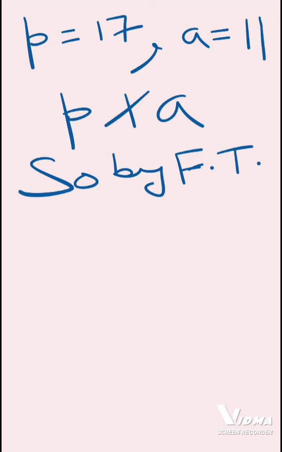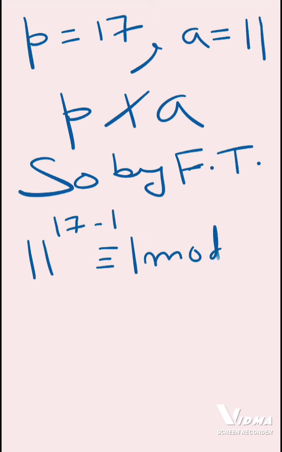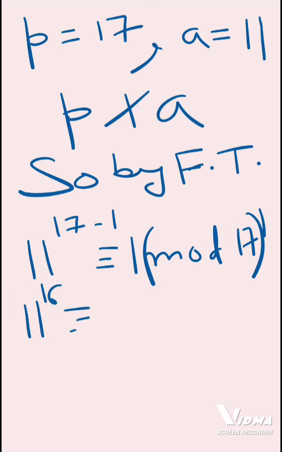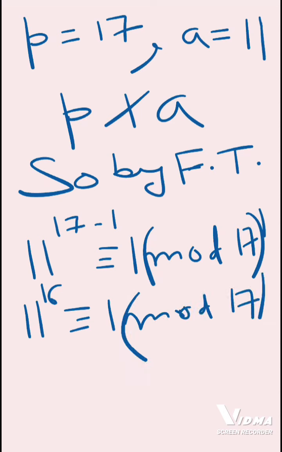So by Fermat's theorem, what can we say? We can say that 11 raised to power 17 minus 1 is congruent to 1 mod 17. Or 11 raised to the power 16 is congruent to 1 mod 17, right? Now if this holds, let's raise both sides of this congruence to the power 6.